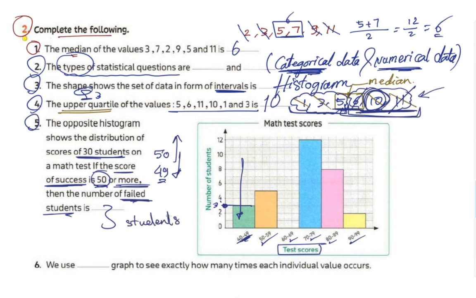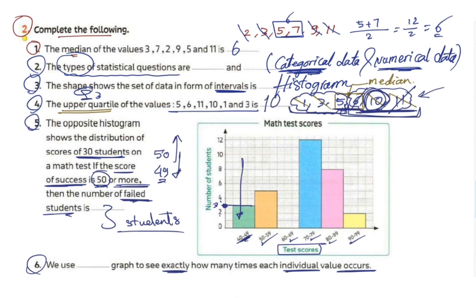Okay, point 6. We use a dot plot to see exactly how many times each individual value of a score occurs.